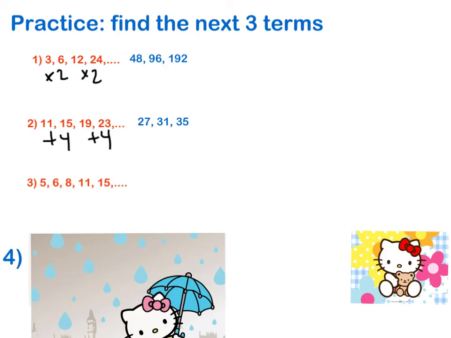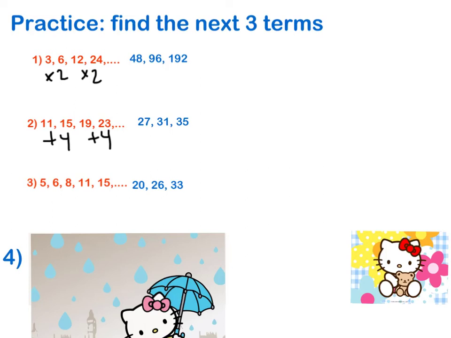It's going up, but by how much? Take a moment, see if you can find the next 3 terms. All right. I hope you got 20, 26, and lastly, 33. Did you get those?